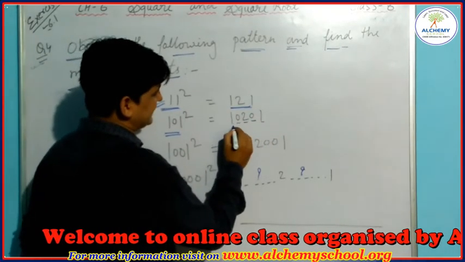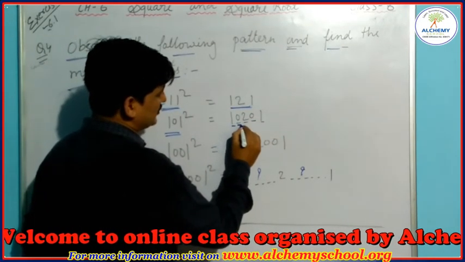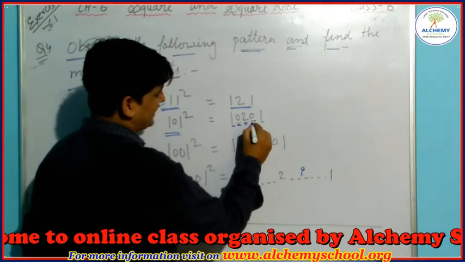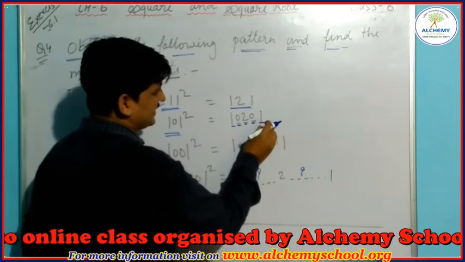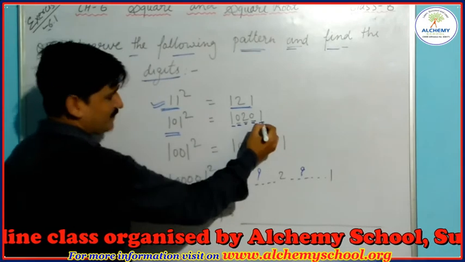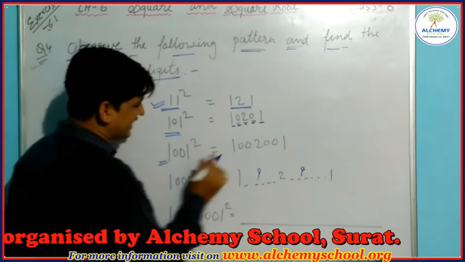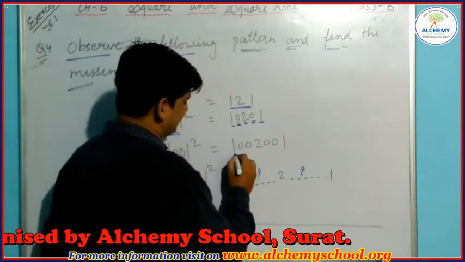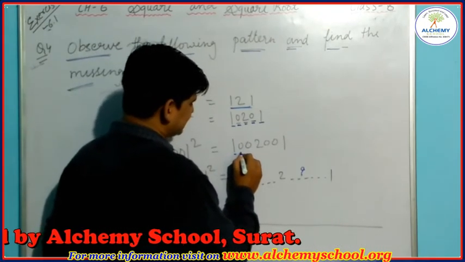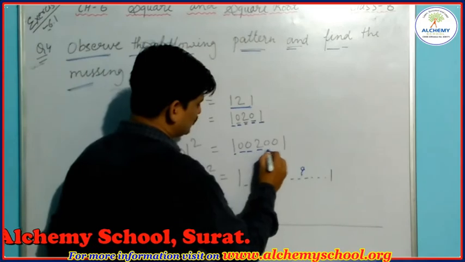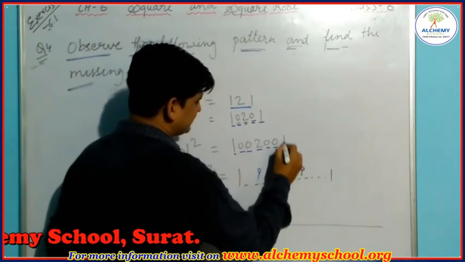10,201. In this we can see this is 1, then 0, then 2, and then again 0 and then 1. Okay, when we follow the third step, we can see this is 1001 square and here also we can see the pattern. It has 1, then 0, 0, 2, 0, 0 and 1.